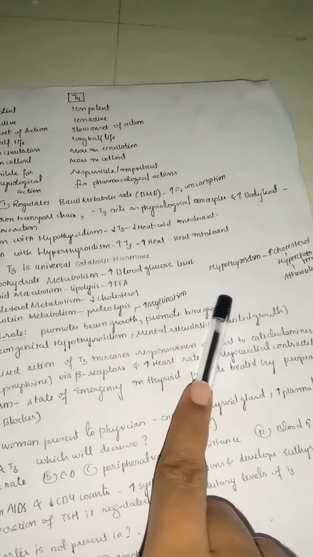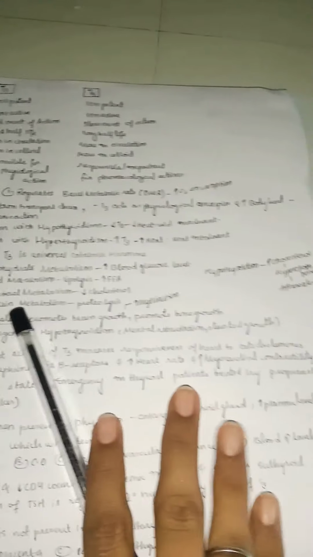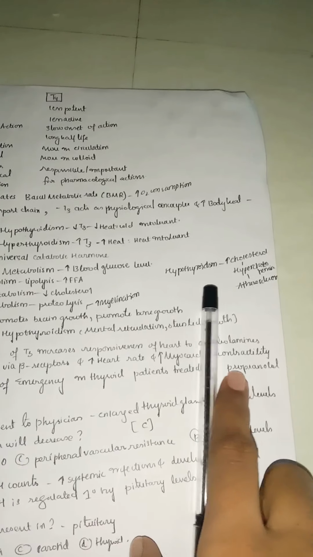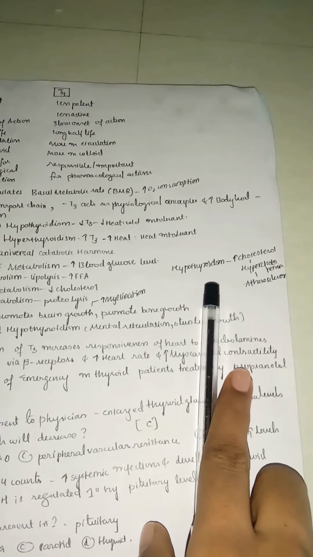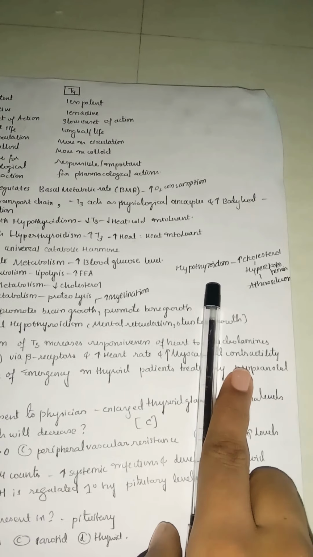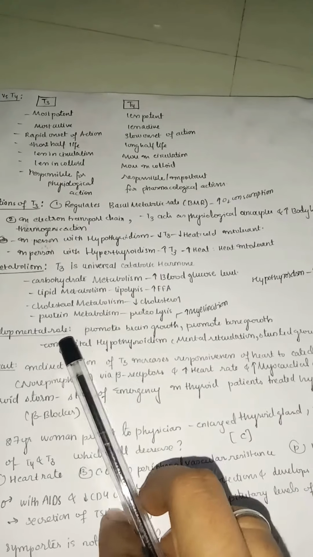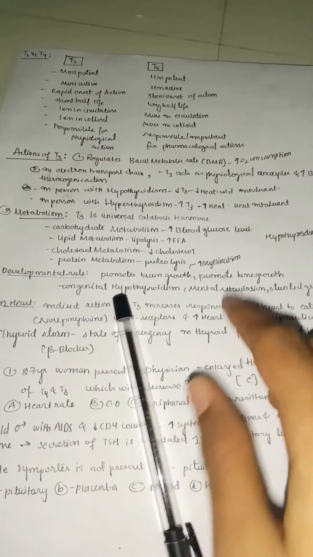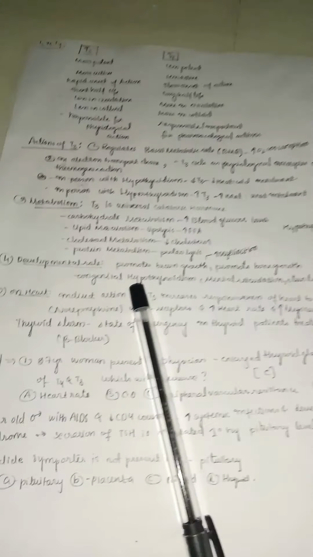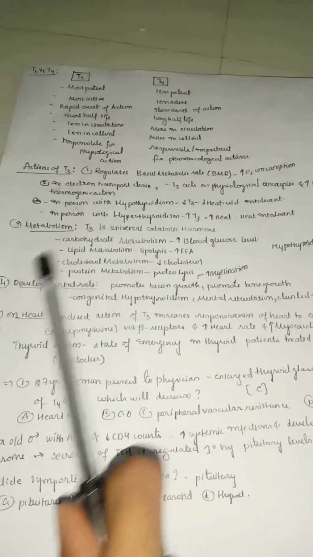Especially in hypothyroidism, there's a lot of lipolysis and increase in cholesterol in the blood, so there is hypercholesterolemia. This gives a higher chance of atherosclerosis, leading to many heart diseases. And in protein metabolism, it's proteolysis. So you can see everywhere lysis, we are breaking down everything. Hence the metabolism of thyroid hormone is mainly catabolic in nature.